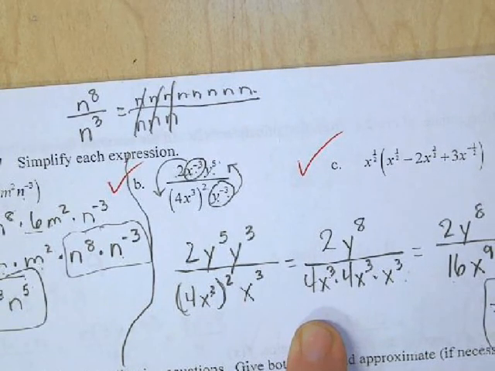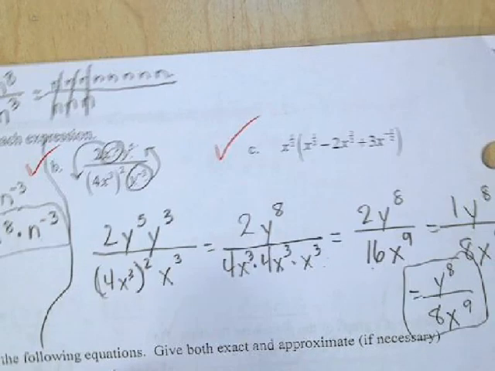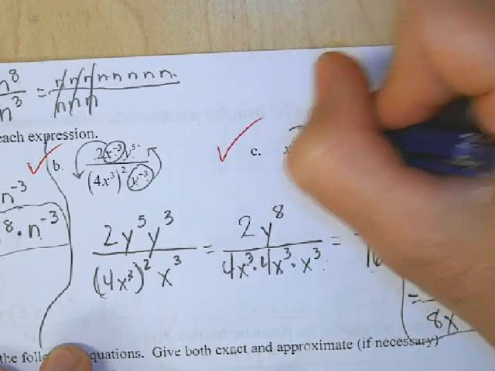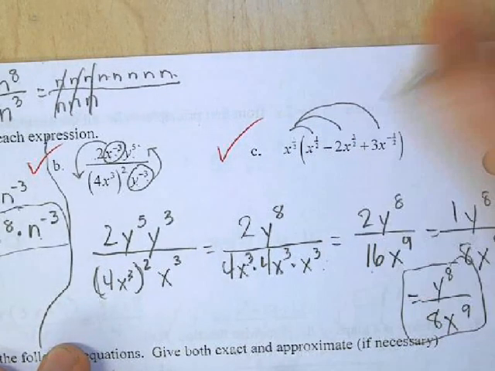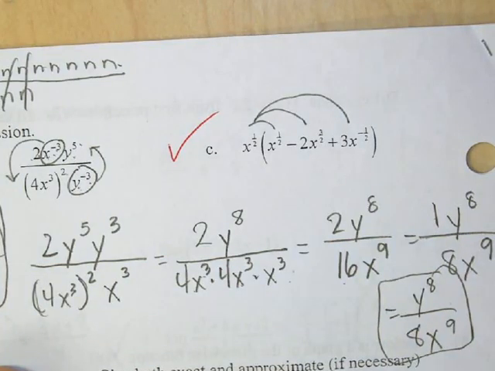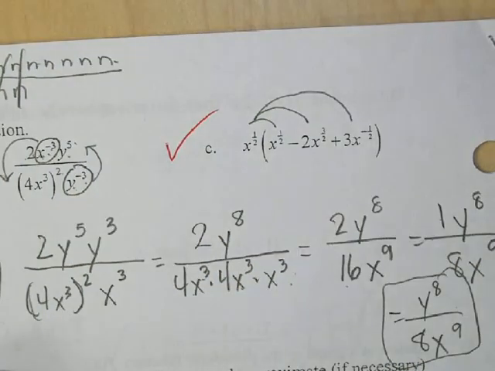There's that. And now I've run out of room for this one. Okay, so this one, all I have to do is distribute to simplify this. Let me zoom in so I can see the numbers.